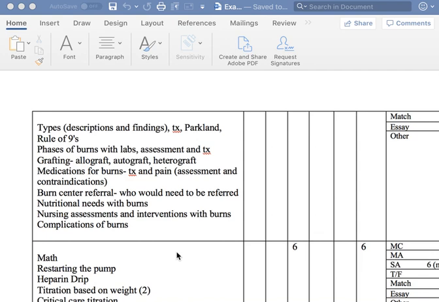Yep, myoglobinuria. What is that? Why would we be looking at the urine for a patient with an electrical burn? It's kidneys too, but basically it's the injury to the muscle, and the urine will be red.